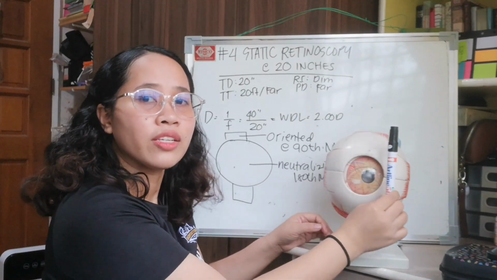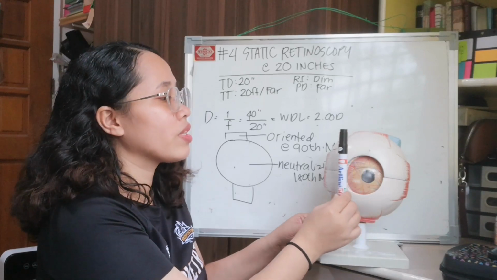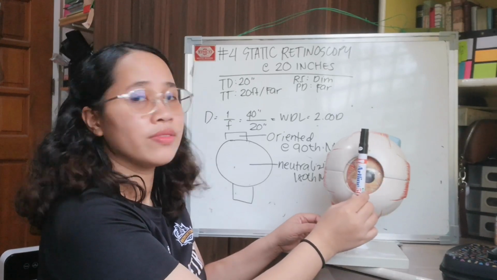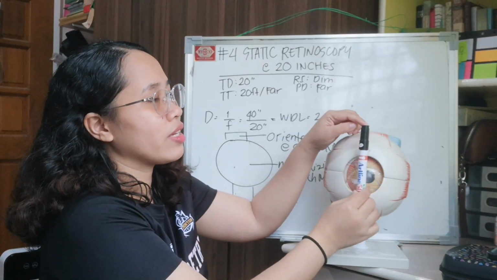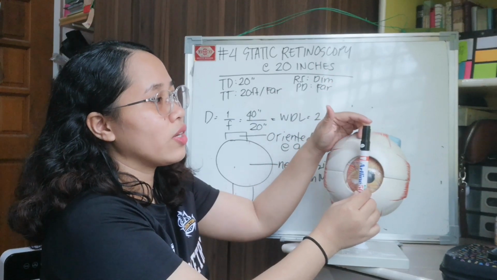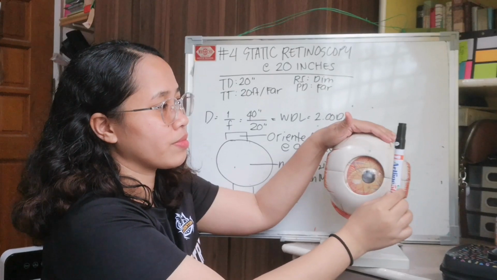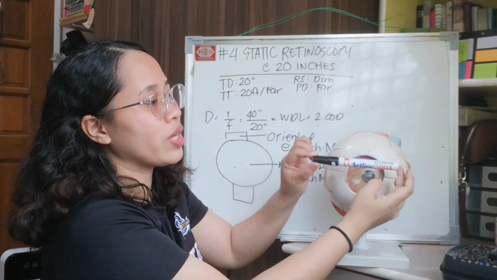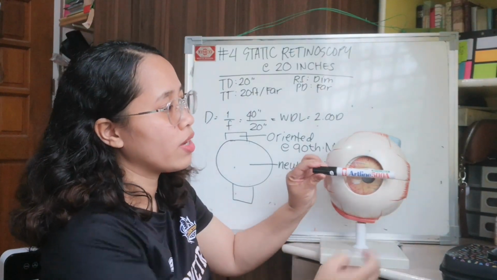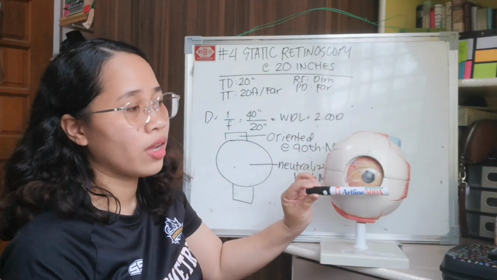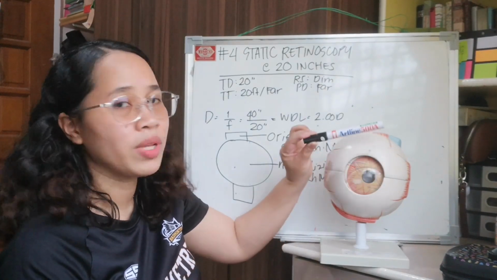So if you move left to right, you are neutralizing the 180th meridian. So we can say it is along 90, axis 180. And if you position the streak in the 180th orientation and move up and down, you are neutralizing the 90th meridian.